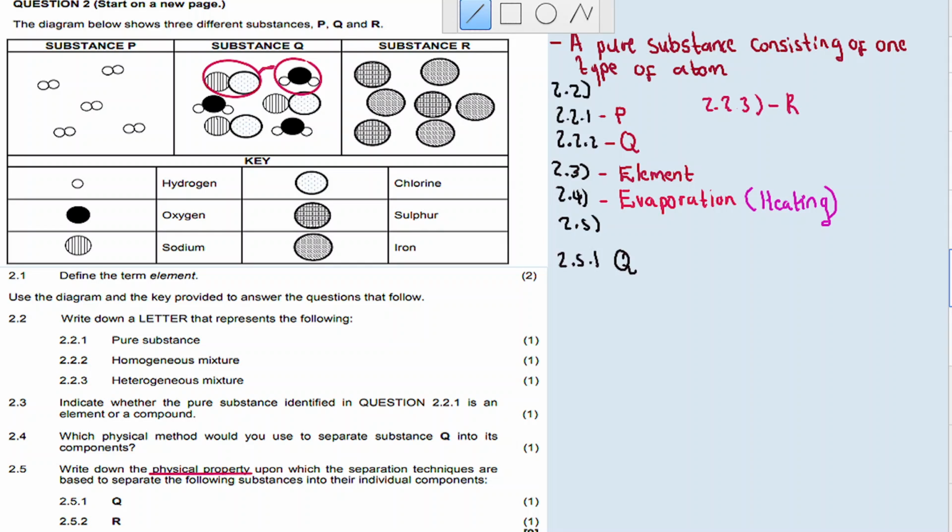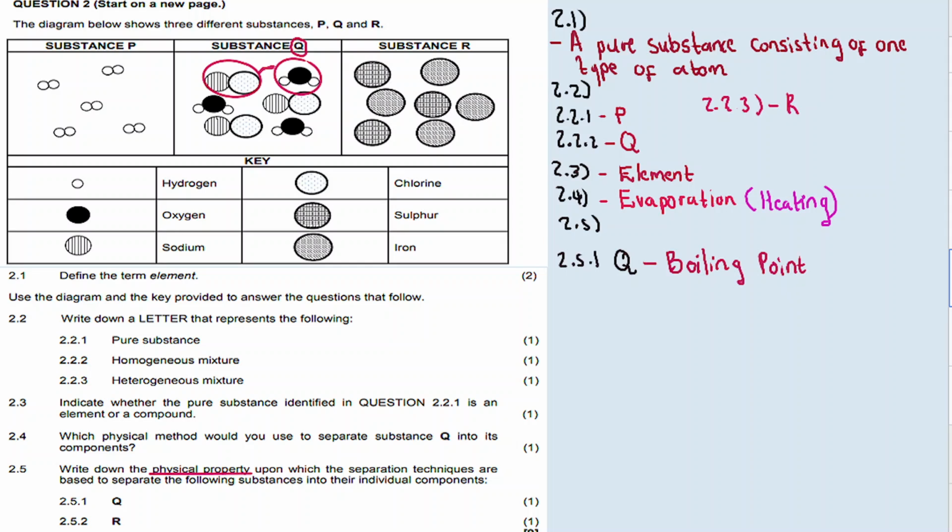2.5.1 is about substance Q. Now for substance Q, we want to use evaporation to separate the two. But what is the physical property we use for doing the evaporation or the separation?